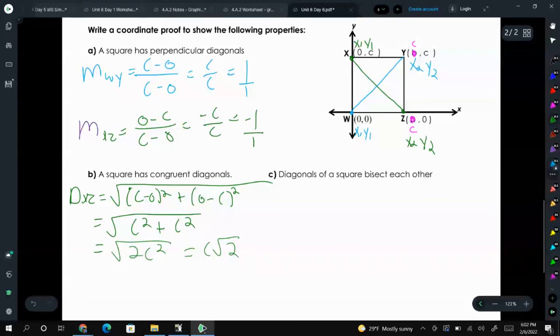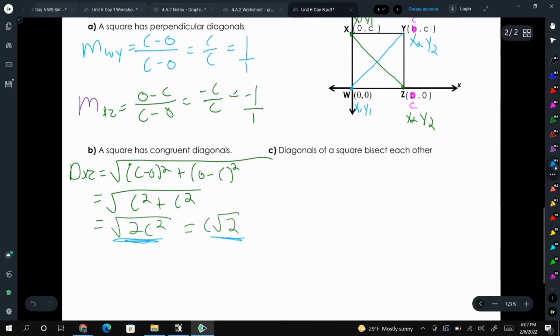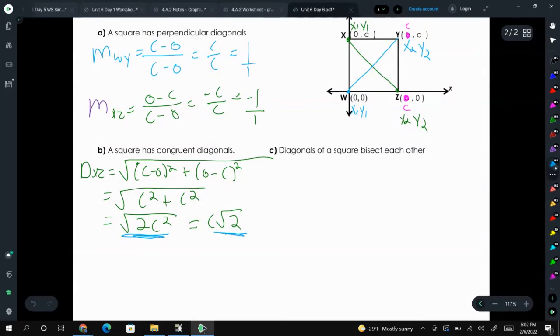Don't be concerned too much if you can't go from here to here, because we just want to see that the diagonals are the same. So if we get this, we can see that they're both the same. Now we're going to do the diagonals of WY. So x2, which is c, minus x1, which is 0, squared, plus y2, which is also c, minus y1, which is 0, squared.